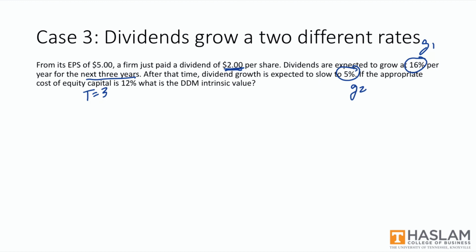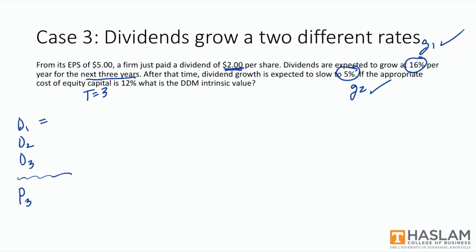And so to solve this problem, we need to estimate D1, D2, and D3 using the g1 of 16%. And then after that, we will estimate P3, which is the price of a stable dividend growth stock, and the growth rate there will be the g2 of 5%.